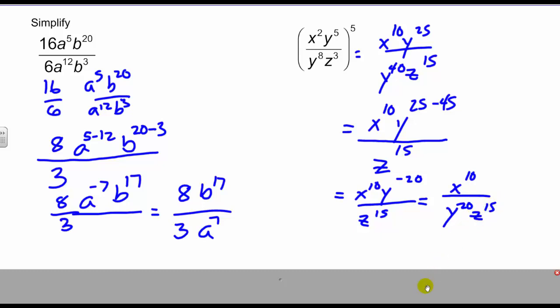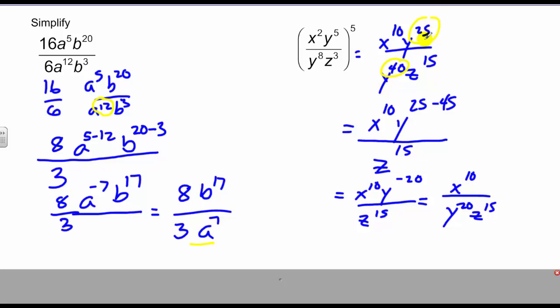Now, I want you to notice a couple of things here. If I were to look for the greatest exponent of each base, so for a, the greatest exponent was 12, and if I take 12 and subtract 5, I get 7, and there it is. And then if I find my greatest exponent of like bases here, I have 40 and 25.